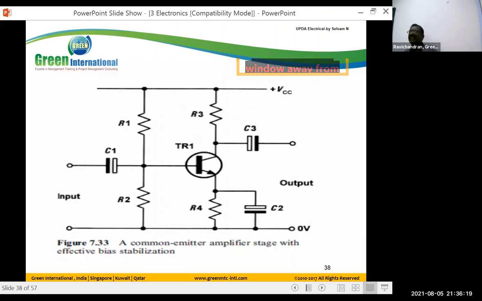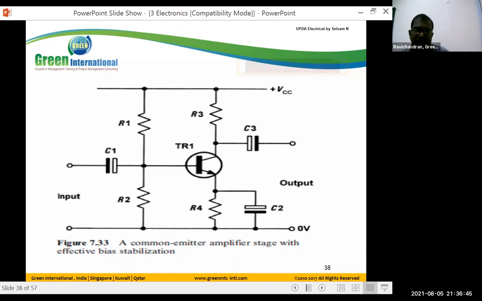This is the typical circuit diagram for the common emitter configuration. We have a transistor here, and the emitter is connected to the ground. That's why it is called the common emitter configuration.